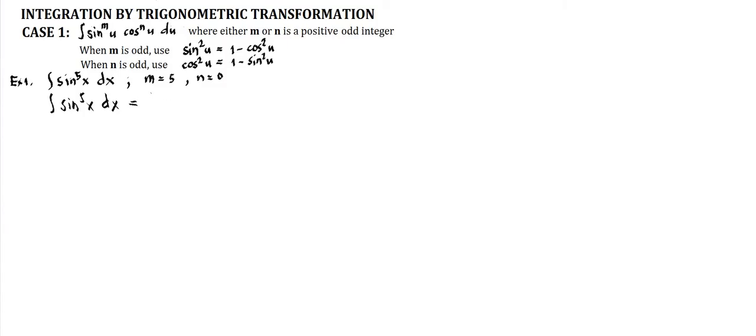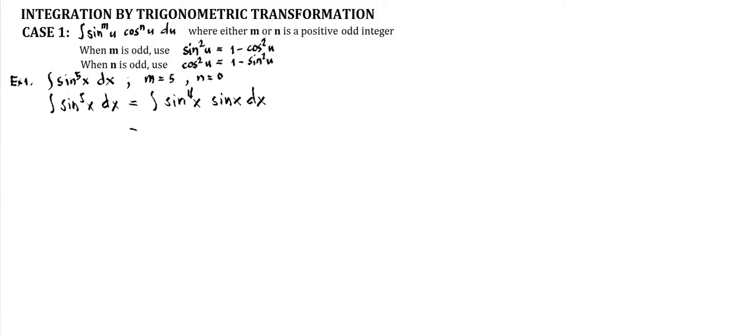Maghihiwalay tayo ng isang factor ng sine x dito sa ating sine to the fifth. Kaya ang matitira sa sine to the fifth ay sine to the fourth of x, times sine x dx.